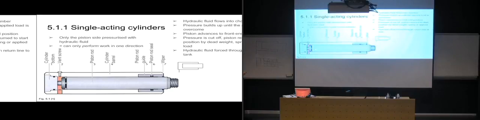And when you're pushing it back, the hydraulic fluid gets forced back through the return line and into the tank. So you've basically just opened up your valve so that you have a free flow going back into your tank, and the tank is at atmospheric pressure, so everything is just going to return back to the starting point.